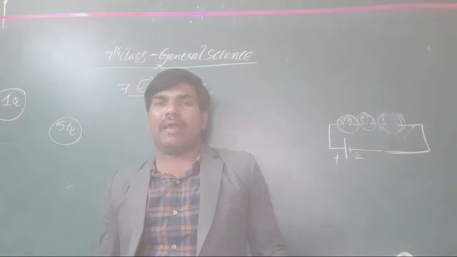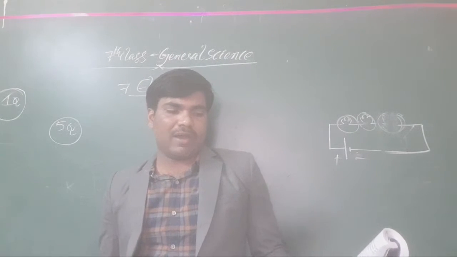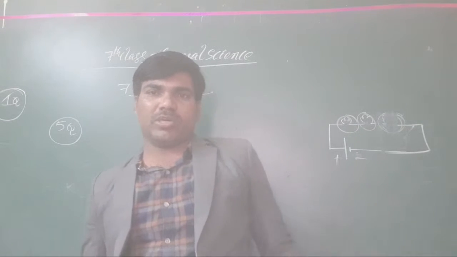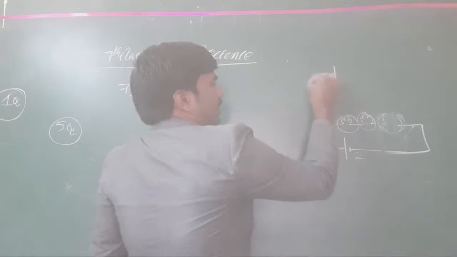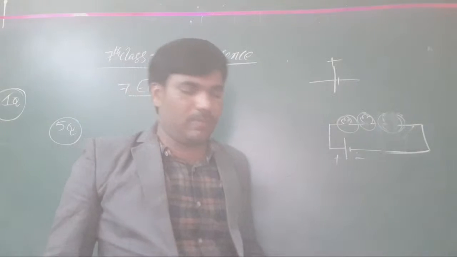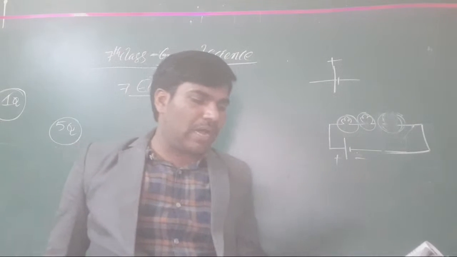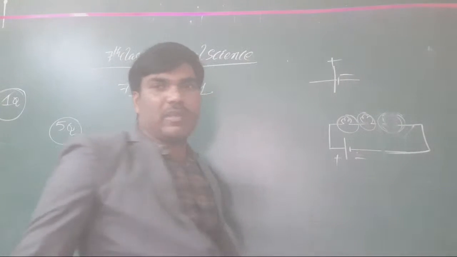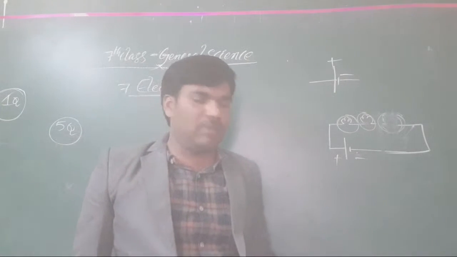Next, fill in the blanks are there. The longer line in the symbol for a cell represents the positive terminal. B, the smaller line in the symbol represents the negative terminal.